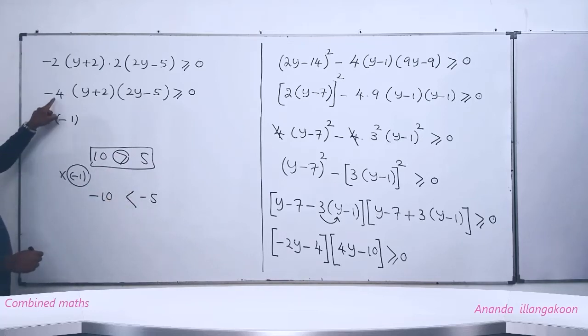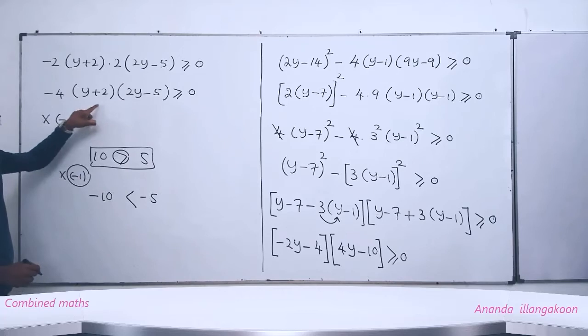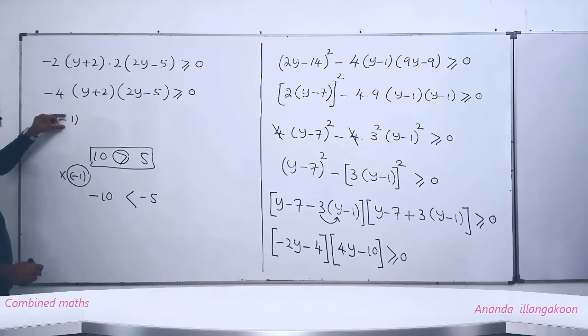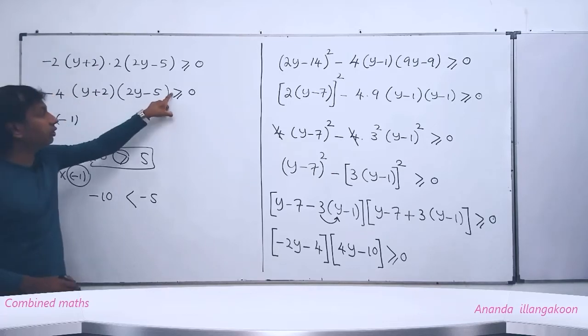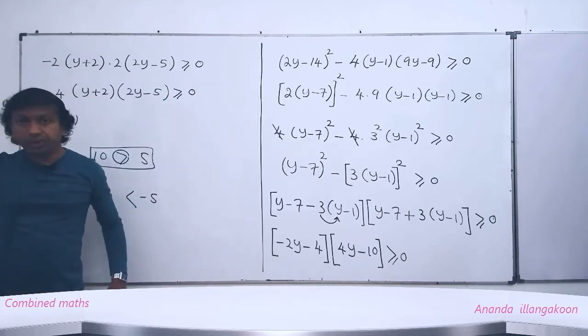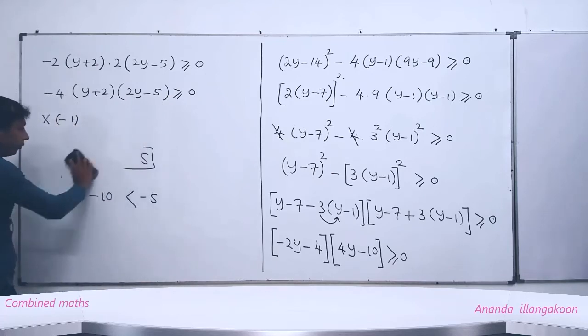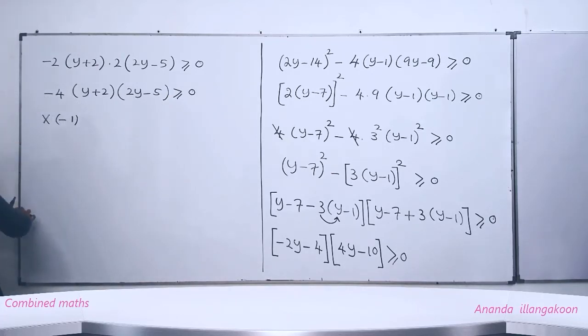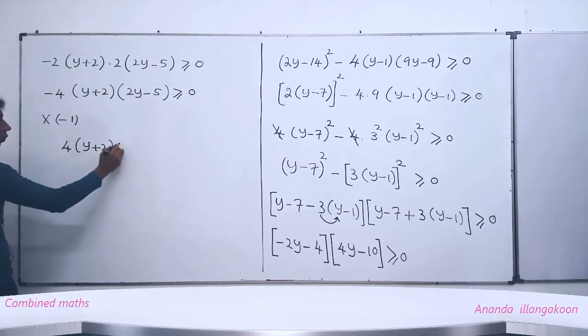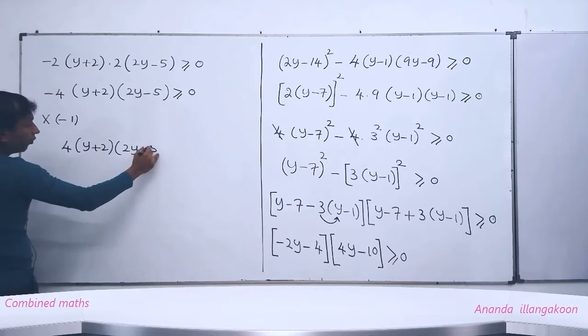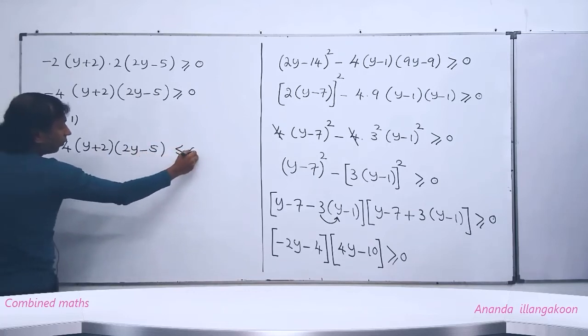Like that here, when we multiply both sides by a minus sign, minus times minus is plus, and the direction gets opposite. Understand? Then we get 4 times y plus 2 times 2y minus 5 less than or equal to 0.